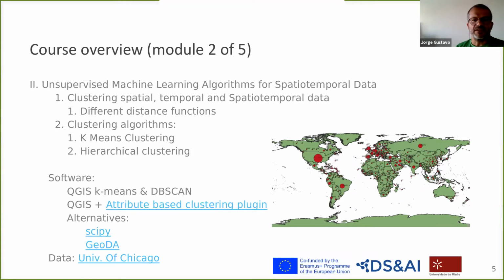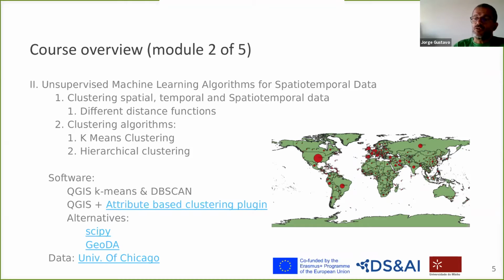But you can give also other references, and if people are willing to use some alternatives, they can use the SciPy library directly in Jupyter, or a very well-known software called GeoDa. It's created by Luc Anselin, who is a very well-known scientist in this data analysis.